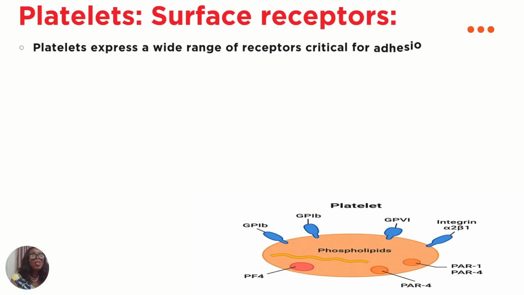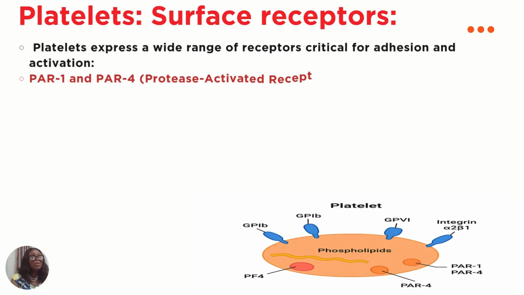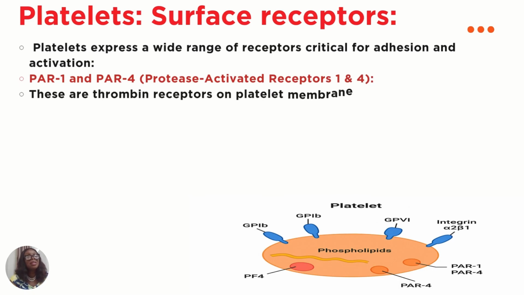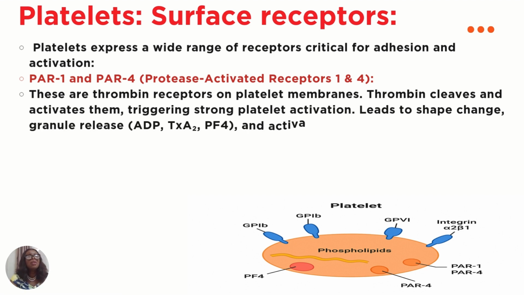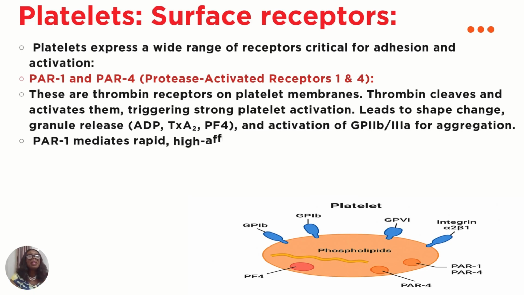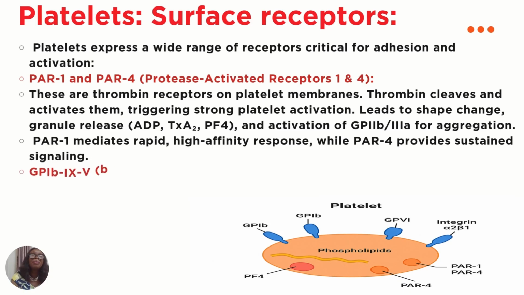Platelet surfaces contain receptors. These receptors are very important for this process of primary hemostasis. We have receptors like protease activated receptor 1 and 4. Protease activated receptors 1 and 4 found on the surface of platelets are thrombin receptors on the platelet membrane.